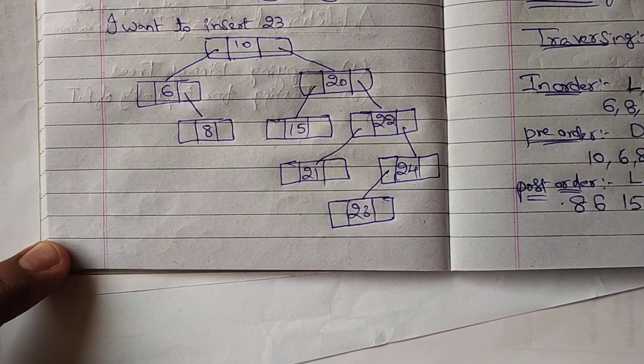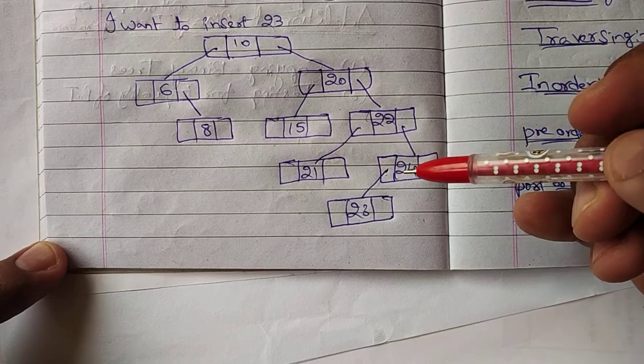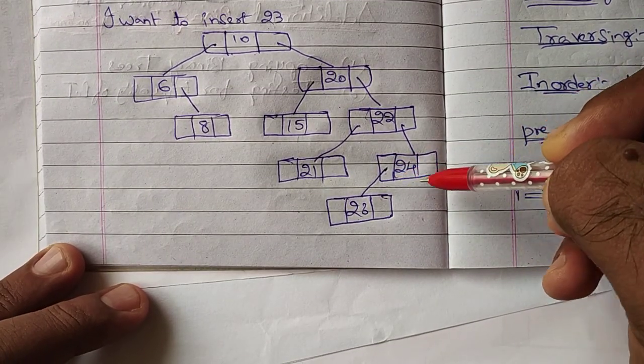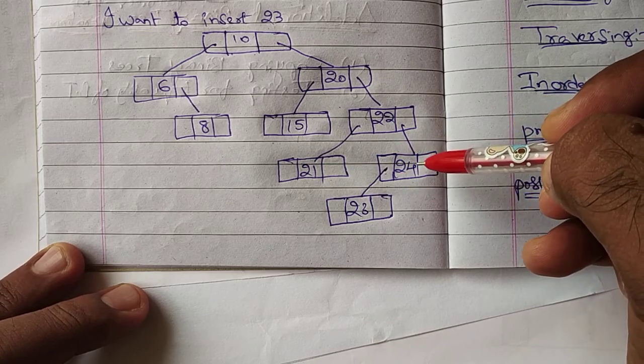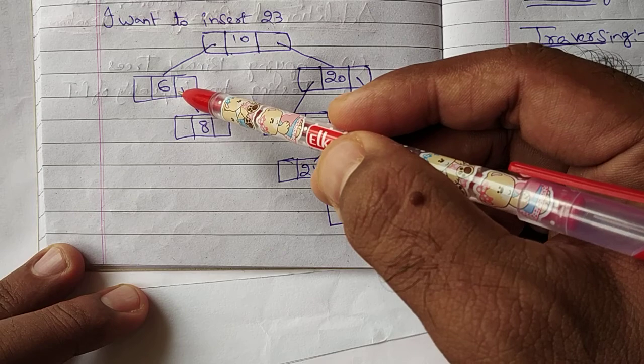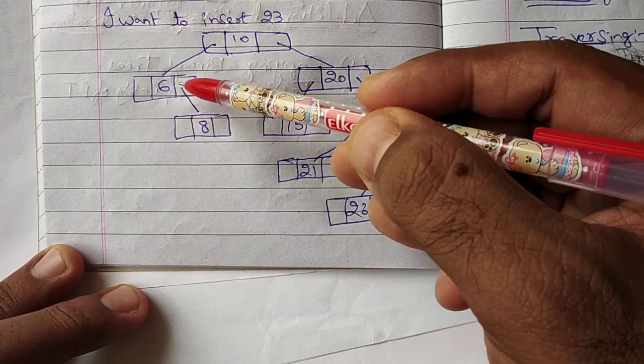What is the second case of the deletion operation? Delete a node having one child. Now I want to delete 24 or 6, because these nodes have only one child, either right or left.